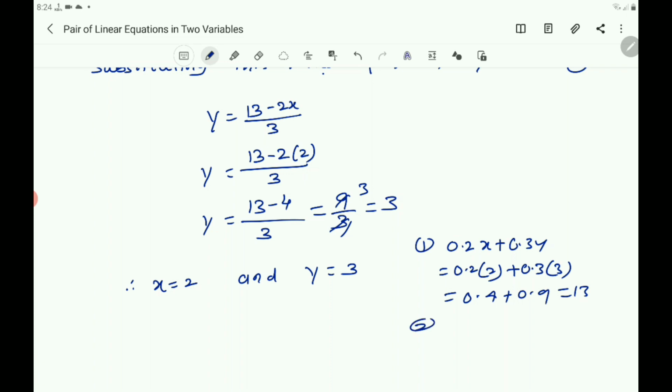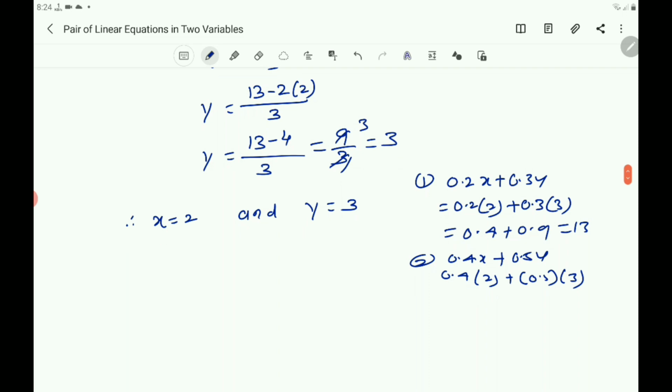Second, you take the second one, which is 0.4x plus 0.5y. 0.4 into x is 2 plus 0.5 into y is 3. Then 0.8 plus 0.15, 15 plus 8 is 23, 0.23 you got.